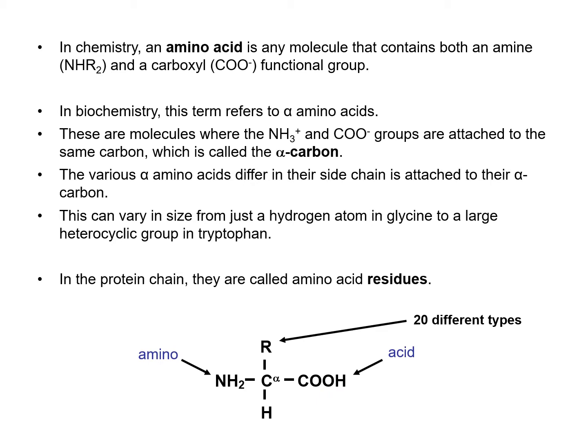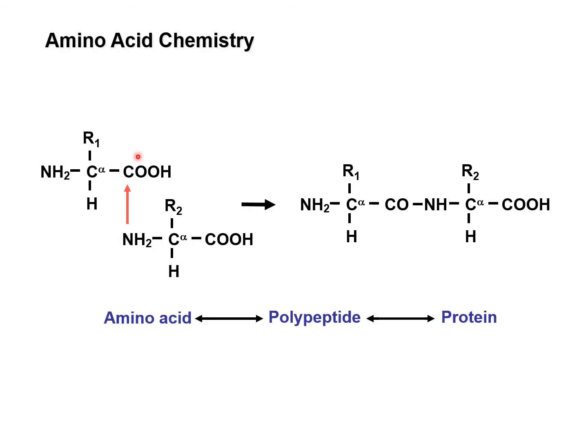And in the protein chain, where there are several amino acids, or even hundreds or thousands of amino acids linked to each other, each of these amino acids is called an amino acid residue. Two amino acids can be linked, especially through a carboxyl group from one amino acid and an amino group from the other amino acid by the bonding mechanism called the peptide bond.